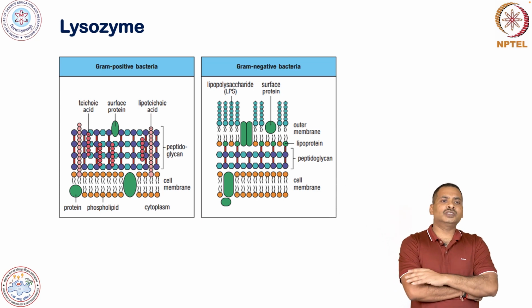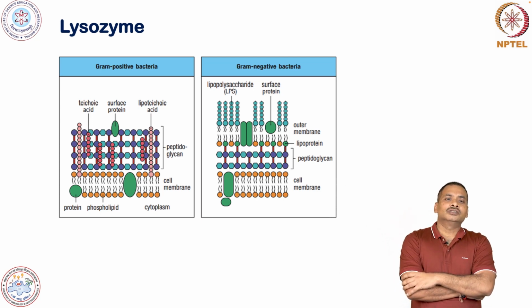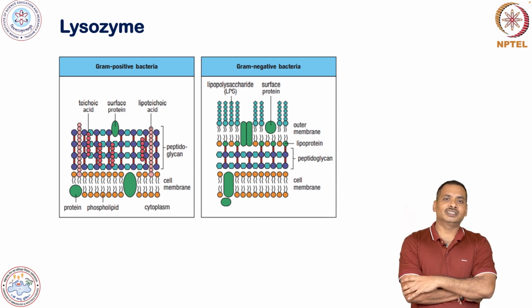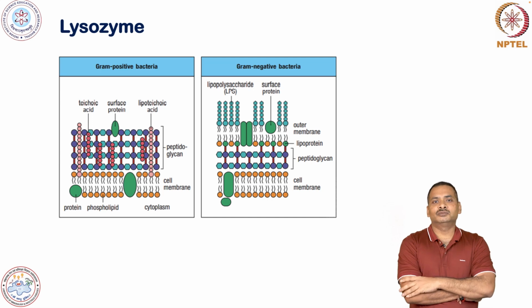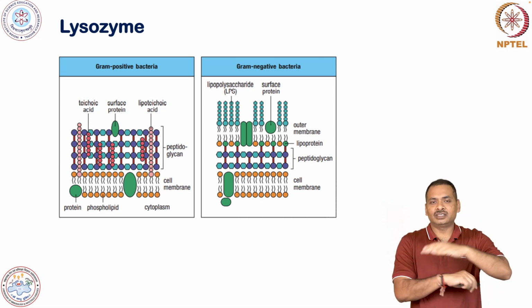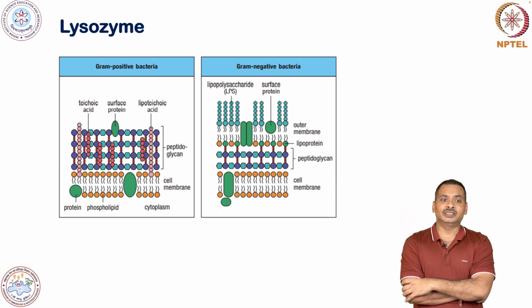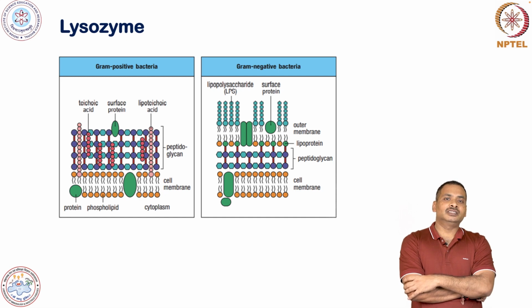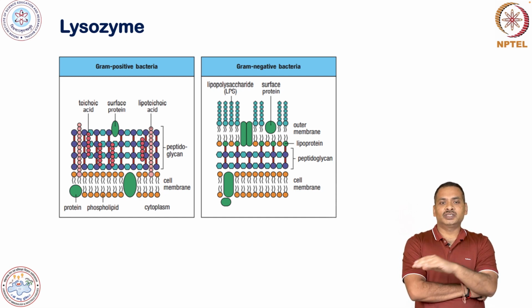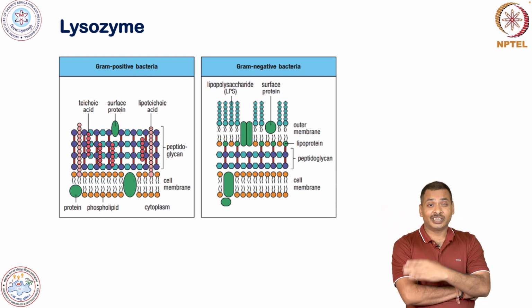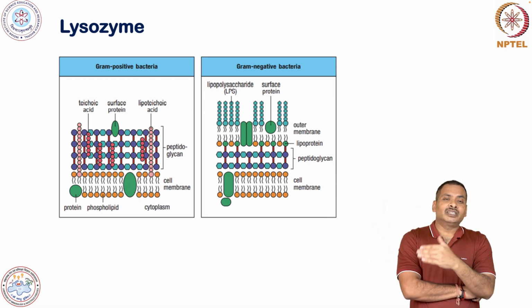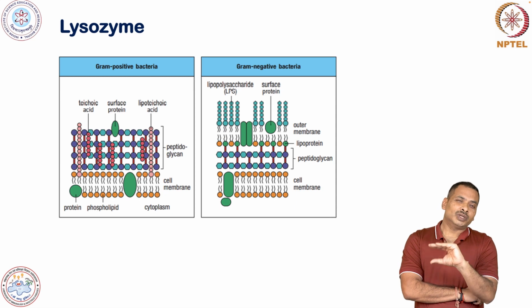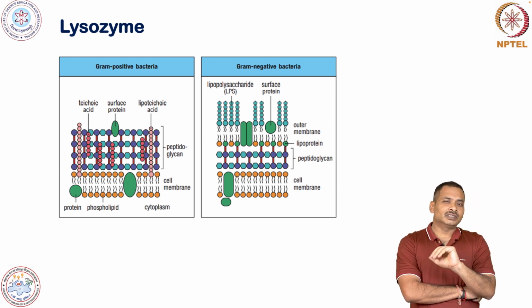peptides. So first is lysozyme. Here you can see the structure of gram positive and gram negative bacteria. In gram positive bacteria there is a very thick layer of peptidoglycan, and this peptidoglycan is very thin in gram negative bacteria. Gram negative bacteria have one more additional structure, which we call the outer membrane.